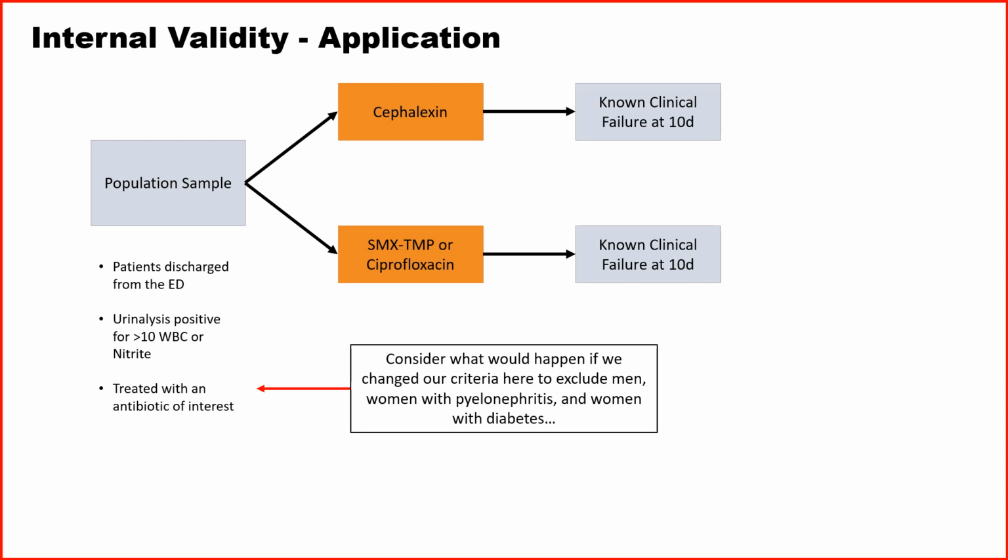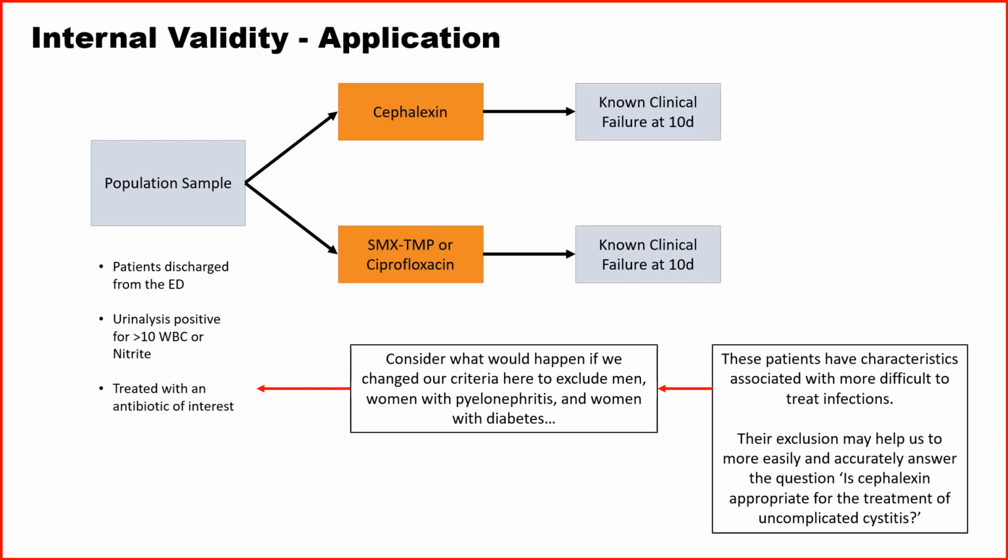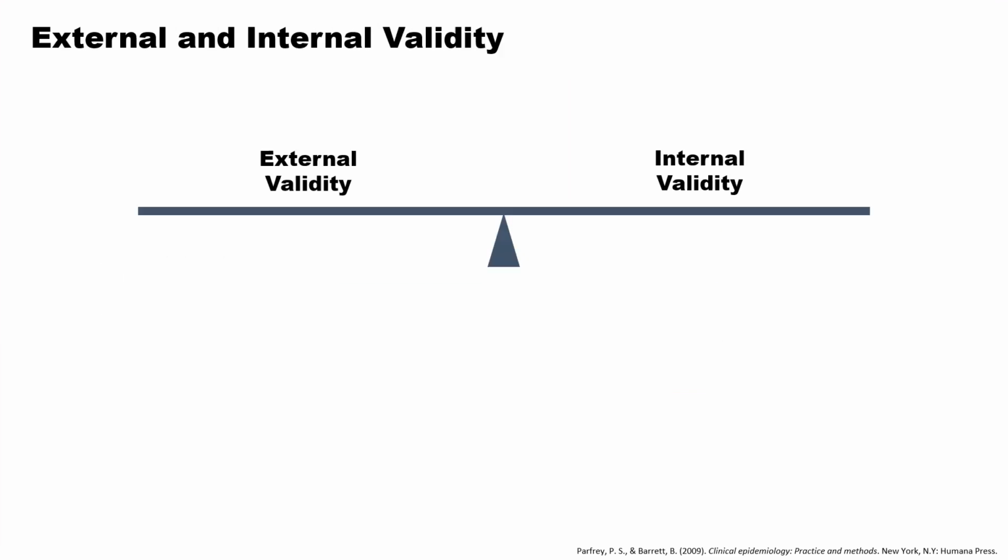Again, returning to our study in those same exclusion criteria, if we included more prevalent exclusion criteria to exclude men, women with pyelonephritis, and women with diabetes, these patients have characteristics that are associated with more difficult to treat infections. And so if we exclude them, we may have a more valid answer to our question, is cephalexin appropriate for the treatment of uncomplicated cystitis, in that our groups will be more homogeneous and easier to compare with validity.